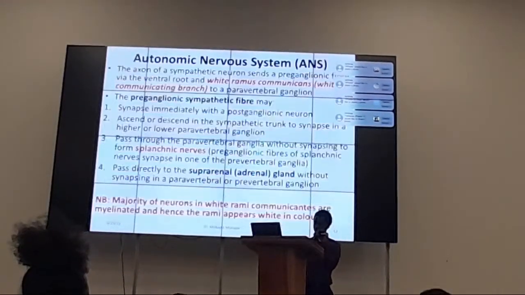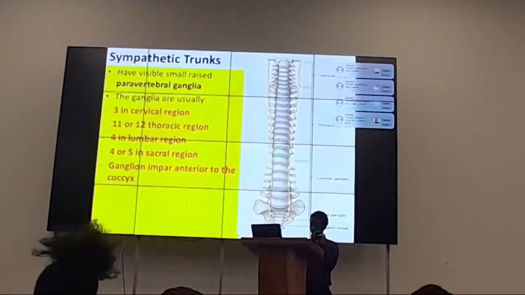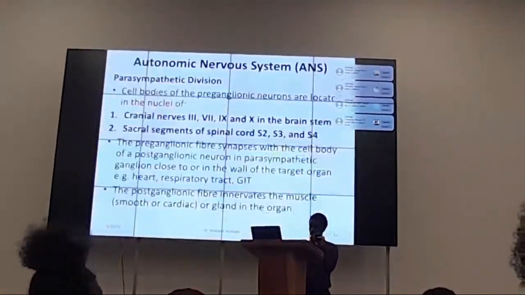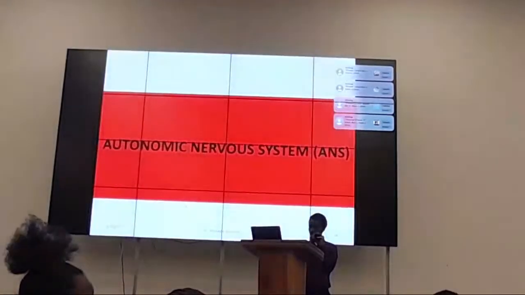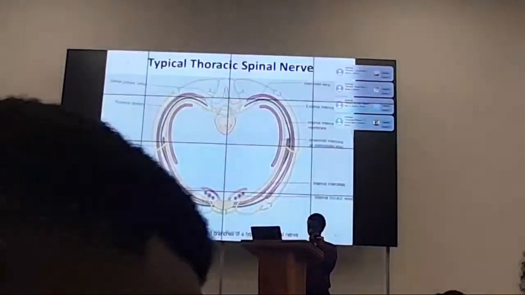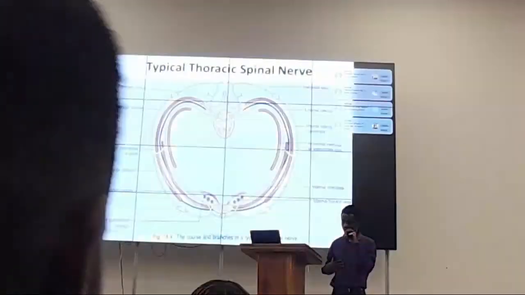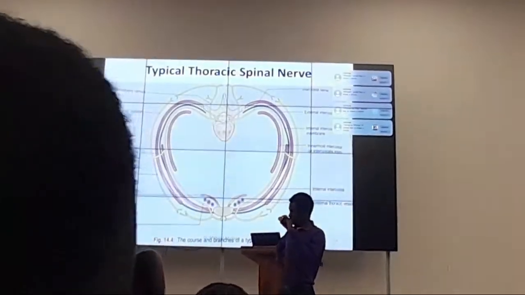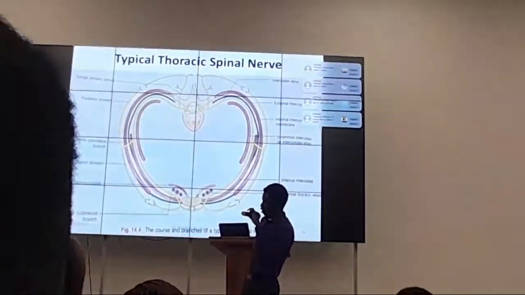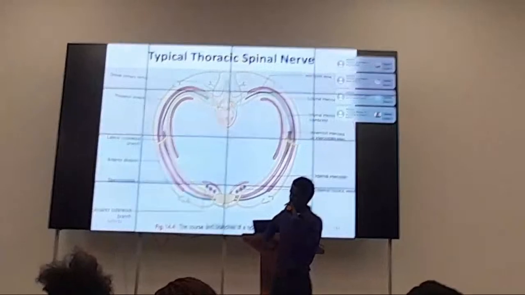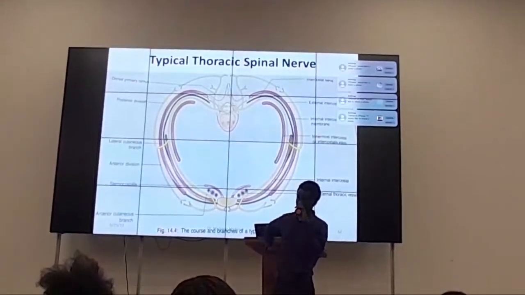Any questions on the typical spinal nerve? Now, when you come to dissection of the thorax, you find these intercostal nerves which run in between the intercostal spaces.